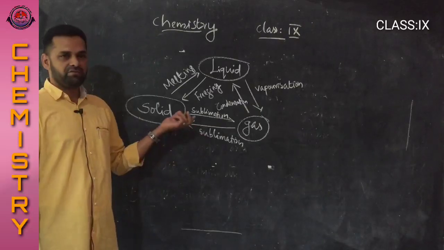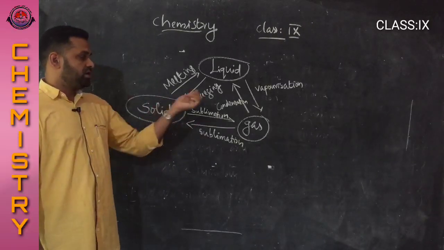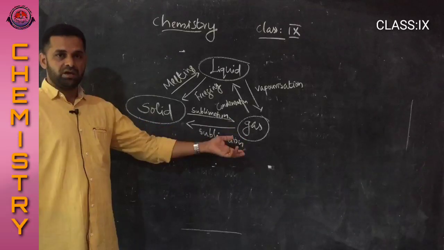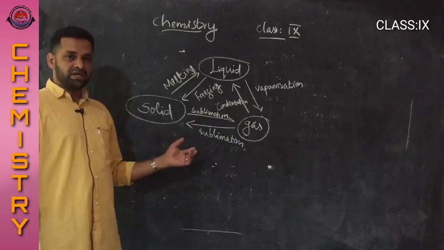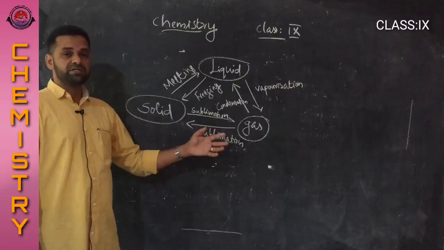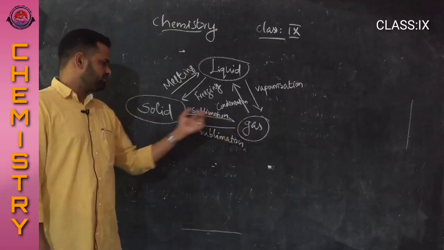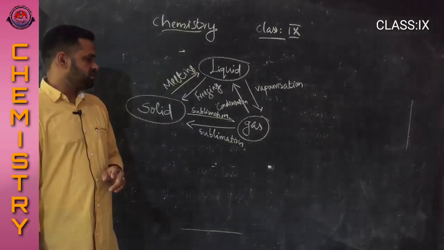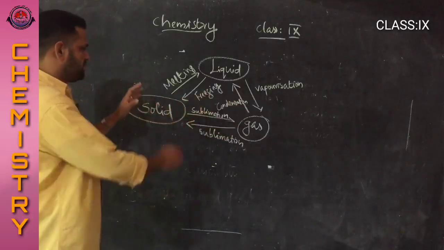Sublimation is a process of converting solid into gas without changing into liquid on heating, or vice versa on cooling. Vice versa means gas converts into solid on cooling. That is called sublimation.